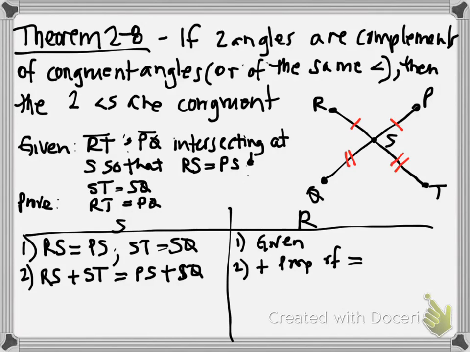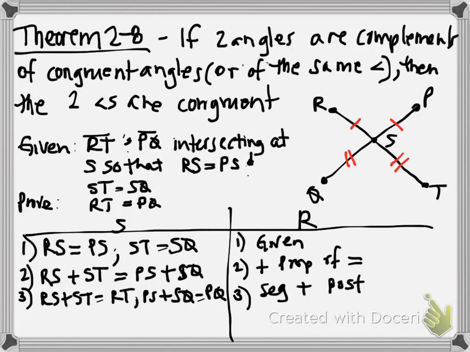And then that's when we're going to bring in the segment addition postulate, where the length of RS plus the length of ST equals the length of RT, and the length of PS plus the length of SQ equals the length of PQ. That is the segment addition postulate.